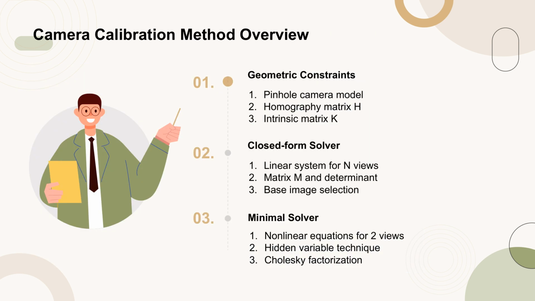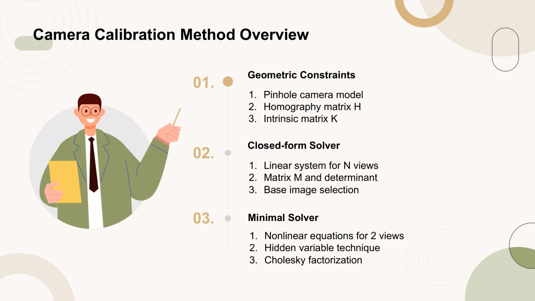The camera calibration method presented in this paper involves several key steps. First, the authors used a pinhole camera model to establish geometric constraints. This model includes the intrinsic matrix K, which consists of focal lengths, principal points, and a skew factor.